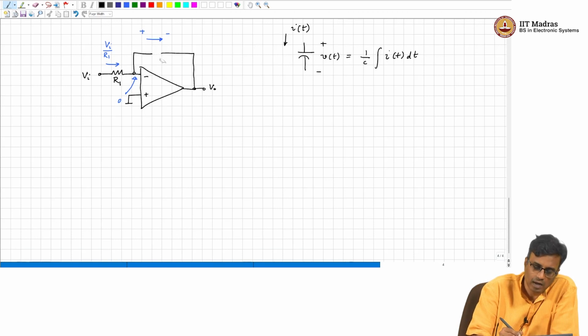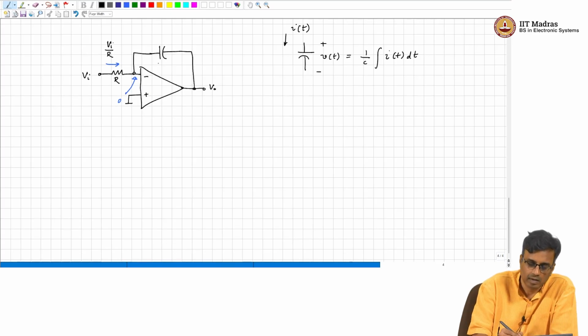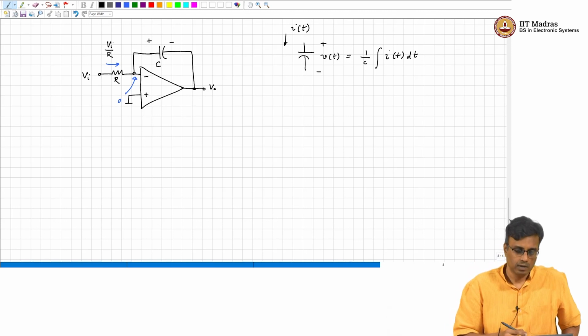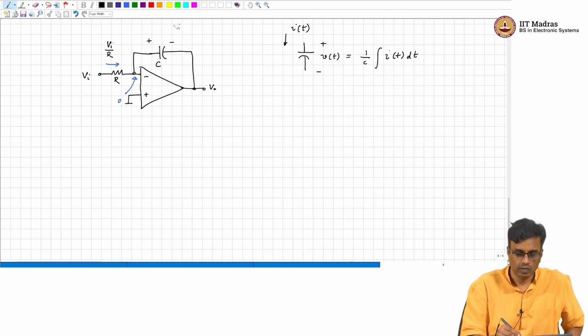If we replace R2 with a capacitor, let us call this R. So, this is Vi by R, this is R, and this is C. This current Vi by R flows through C, and what is the voltage across the capacitor? 1 by RC integral Vi of t dt.